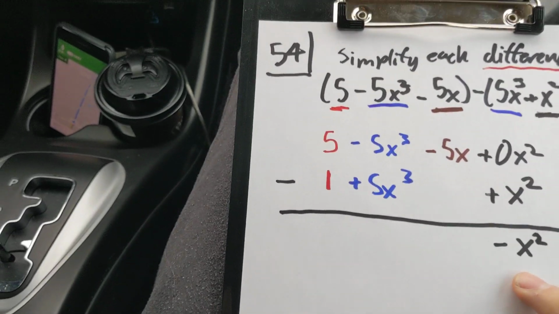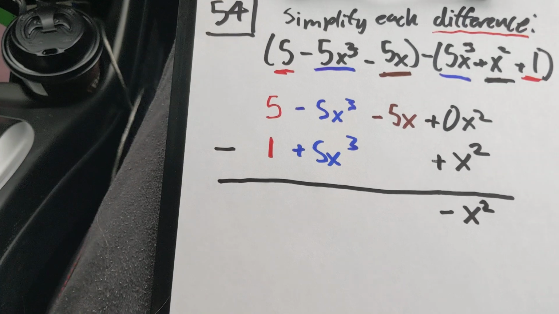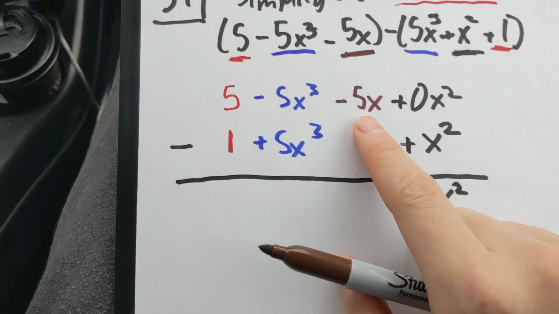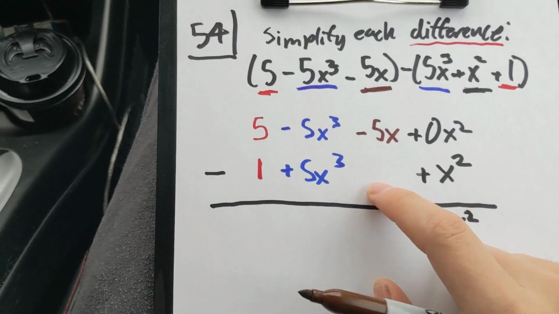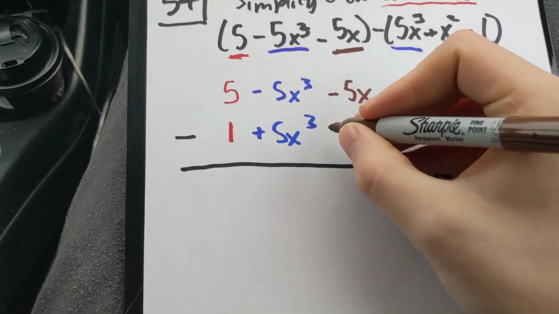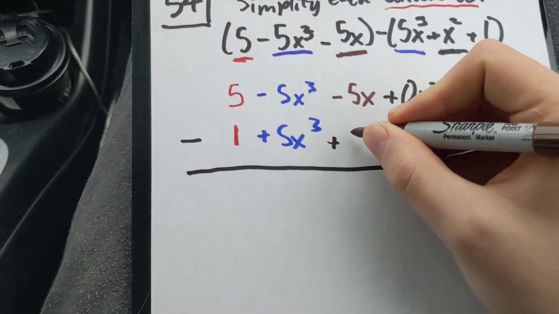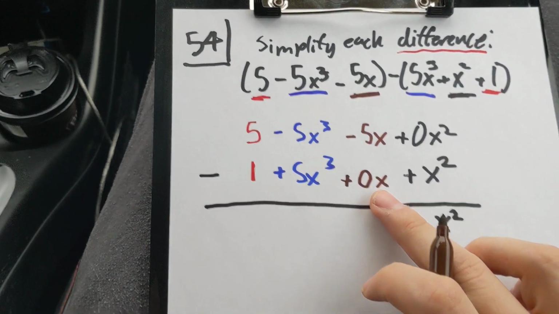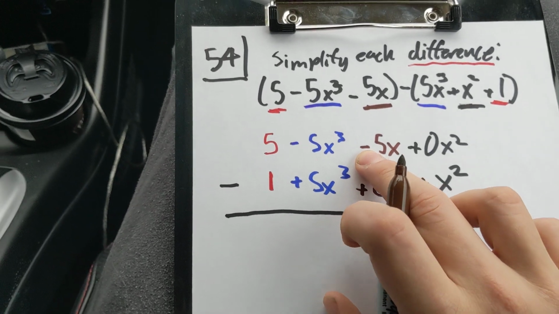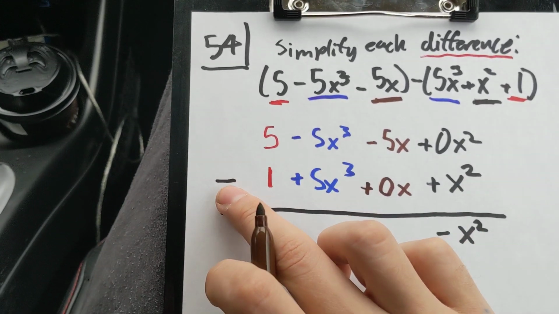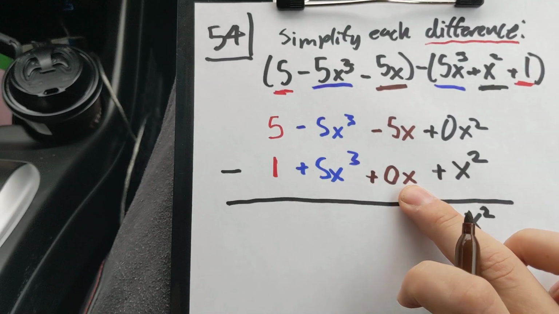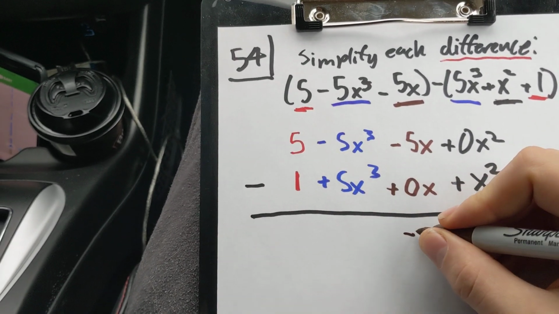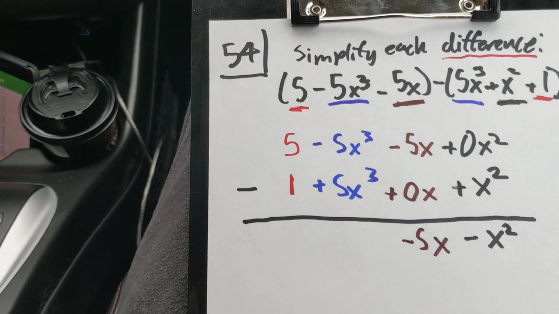In my second column, I've got a negative 5x in the first polynomial, and no matching like term in my second polynomial. Another way to write that is 0x. So what happens when I take negative 5x and subtract 0 from that? Negative 5 minus 0 is still just negative 5x.